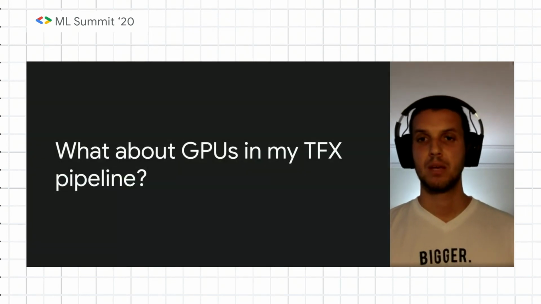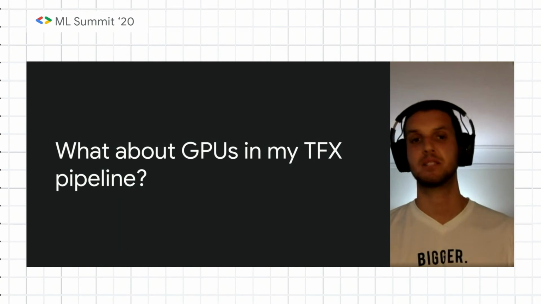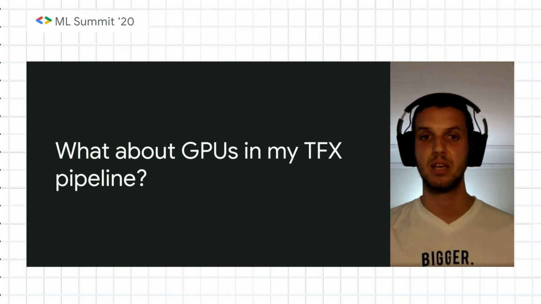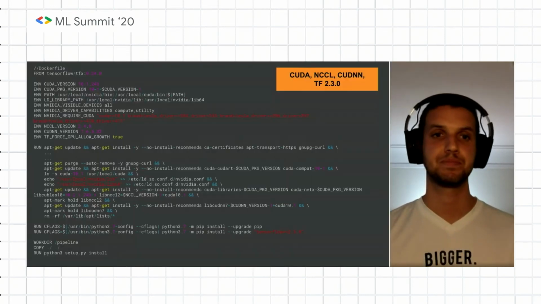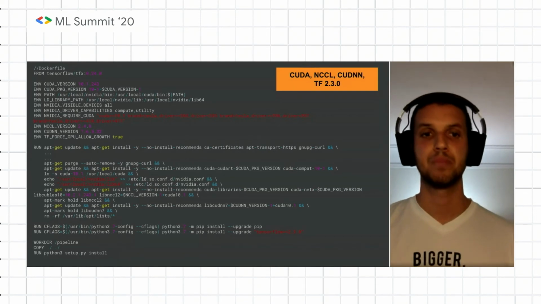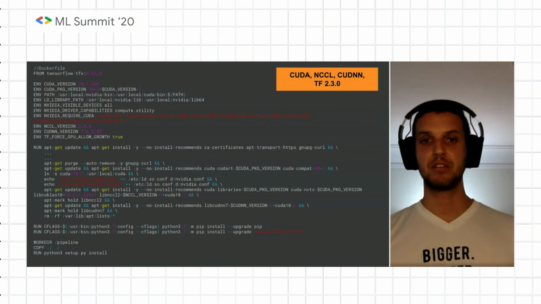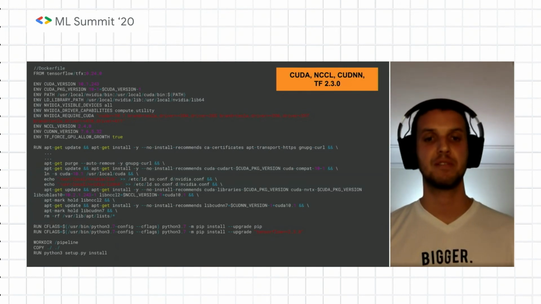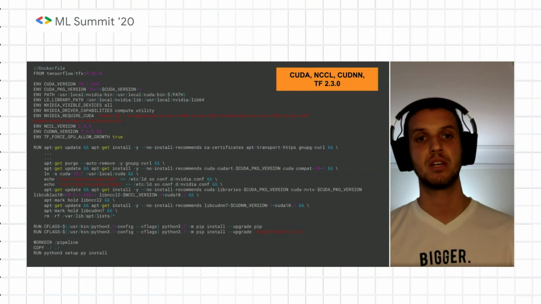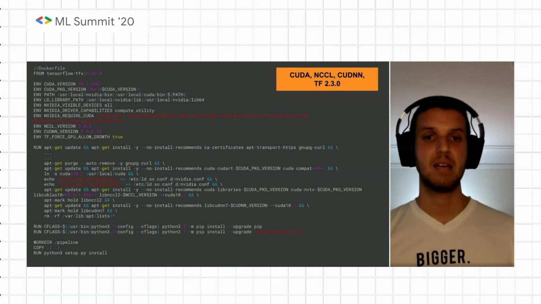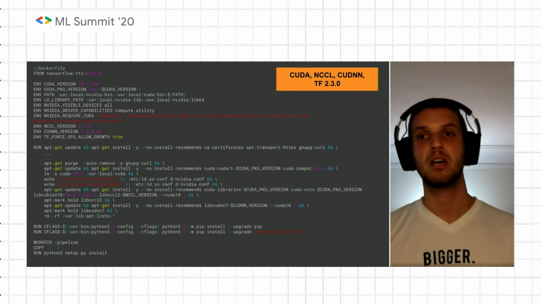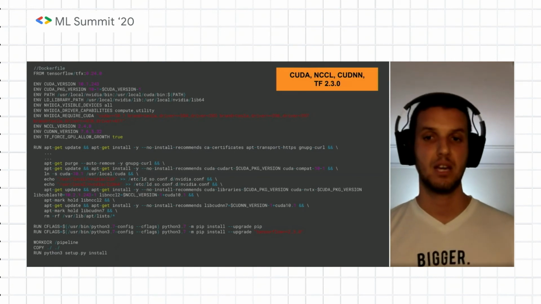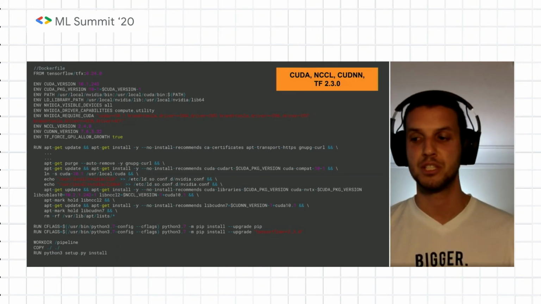Okay, but how can I use GPUs and TPUs on my TFX pipelines? I learned how to use them on notebooks, but I still have no idea how to use them on TFX pipelines. Well, first, you're going to need to modify your TFX Docker container image a little bit by installing CUDA, NCCL, cuDNN, and also your preferred TensorFlow version.